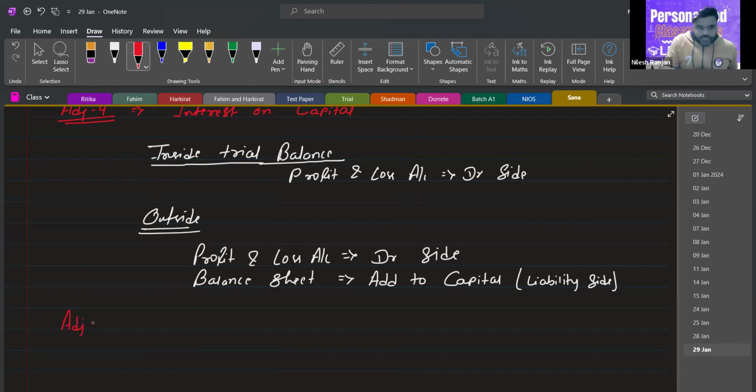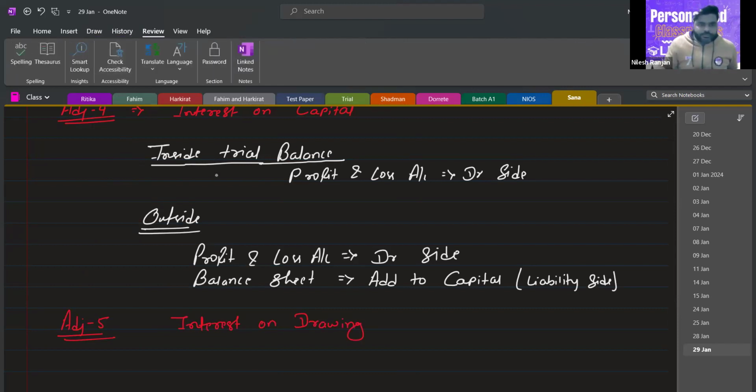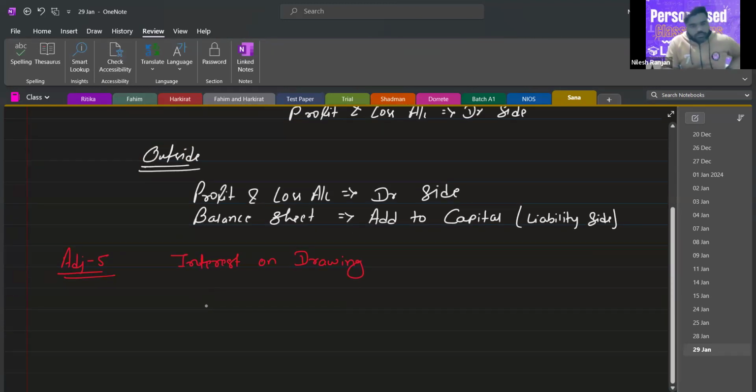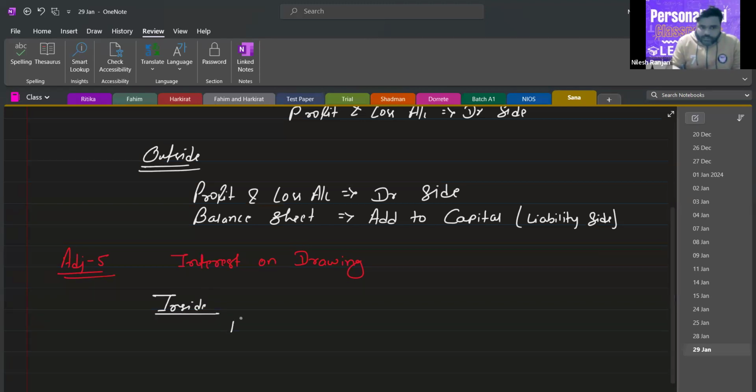So it is adjustment number 5. Interest on drawing. Now, if it is inside, again, then profit and loss, credit side.